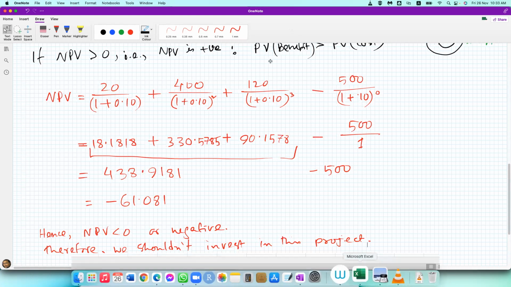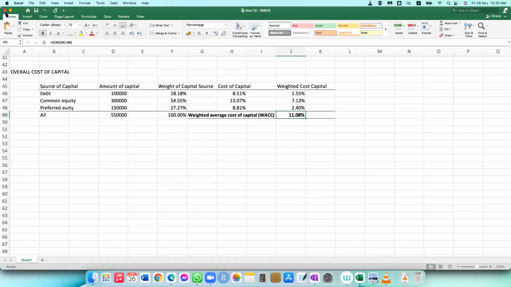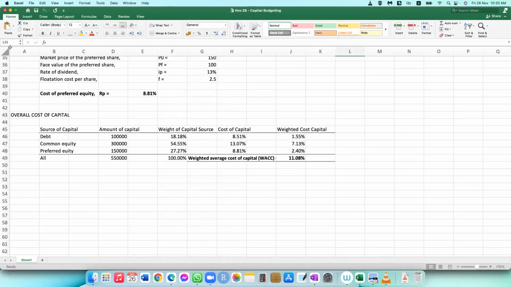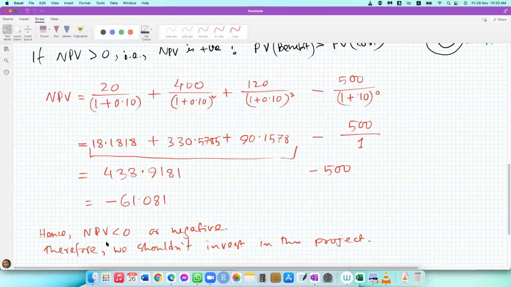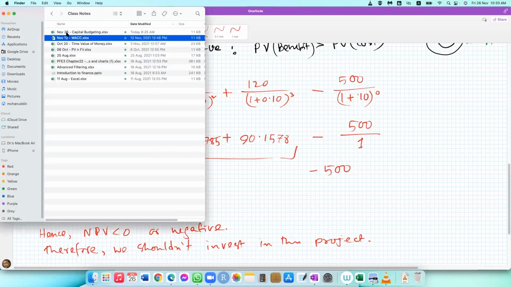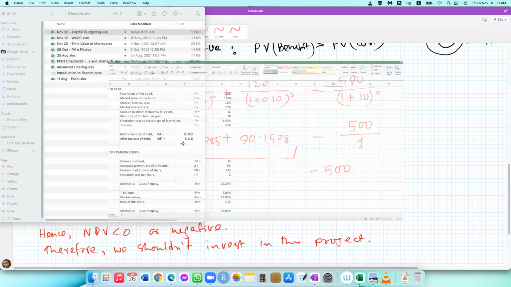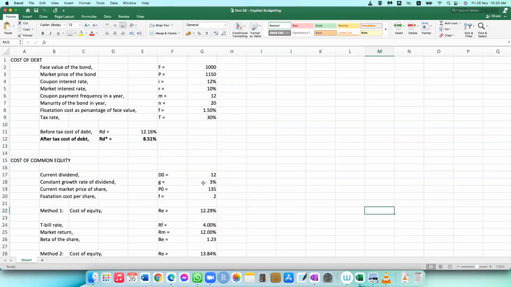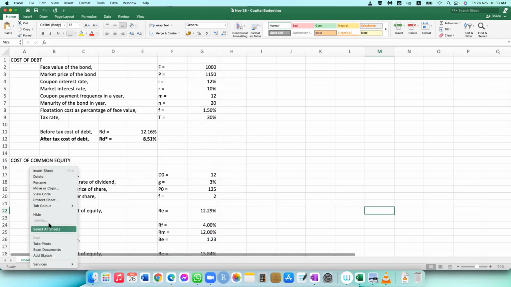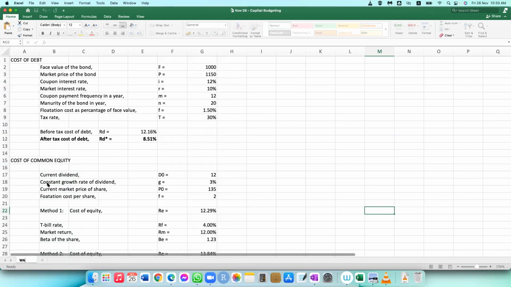Now let us try to do it in a spreadsheet. Can you see the spreadsheet file? Yes, sir.